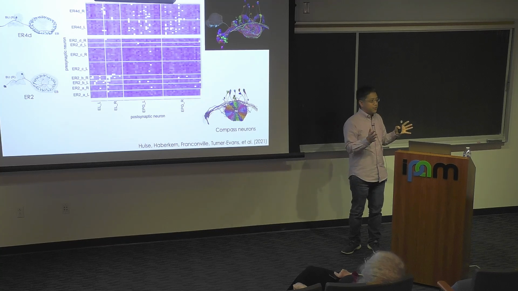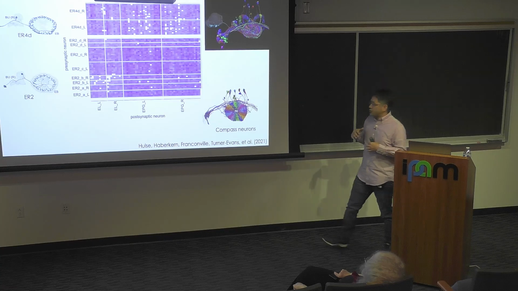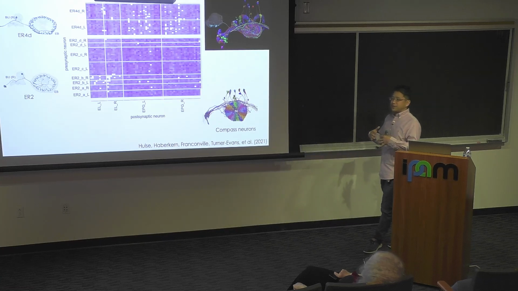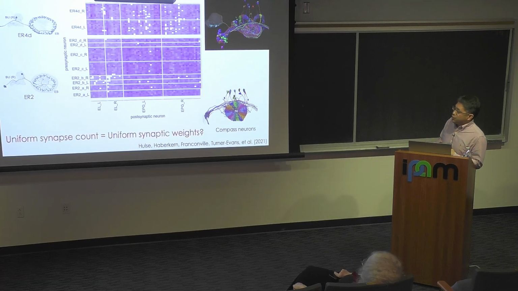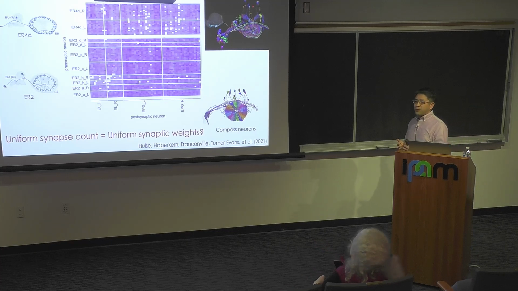When you change the body orientation, the visual scene changes, but the input to the population of compass neurons is potentially the same if the uniform synapse count actually represents uniform synaptic weights within the same population.